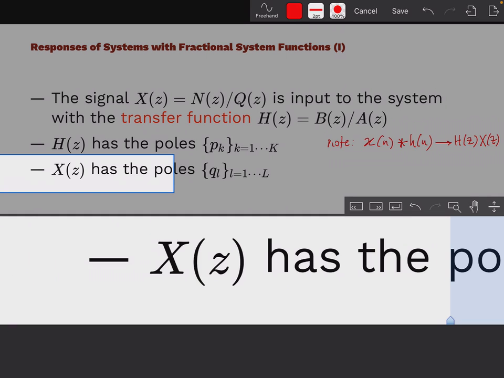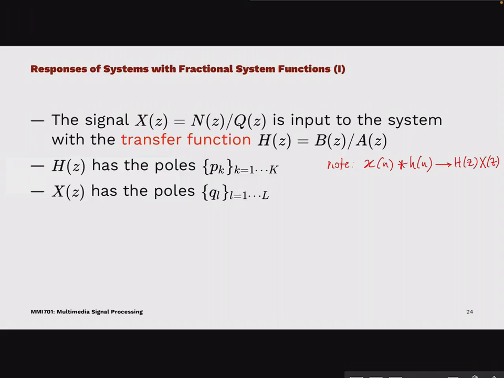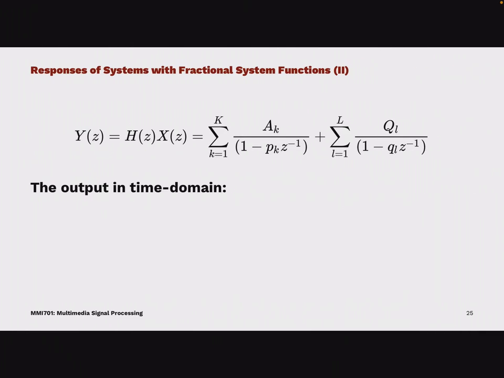Okay, so we can express y of z, which is the output of our system, as the product of h of z and x of z, and then we can separate this into two, as simpler terms which represent the poles of the signal and poles of the system, so p sub k and q sub l.